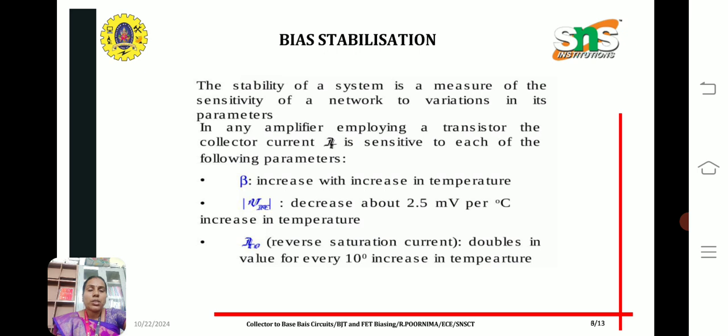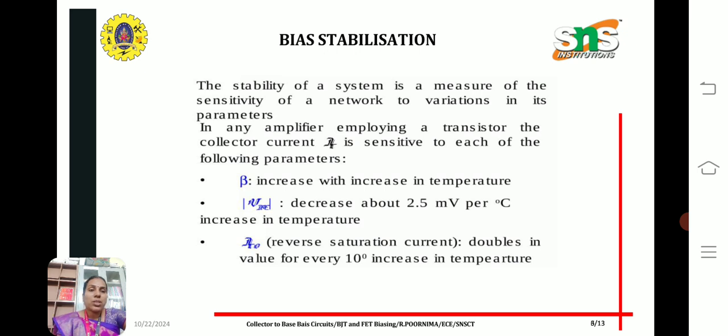Bias stabilization: the stability of a system is a measure of the sensitivity of a network to variations in the parameters. In any amplifier employing a transistor, the collector current is sensitive to the following parameters. First one is beta, which increases with increase in temperature, and VBE, the base emitter voltage, which decreases about 2.5 millivolt per degree Celsius increase in temperature.